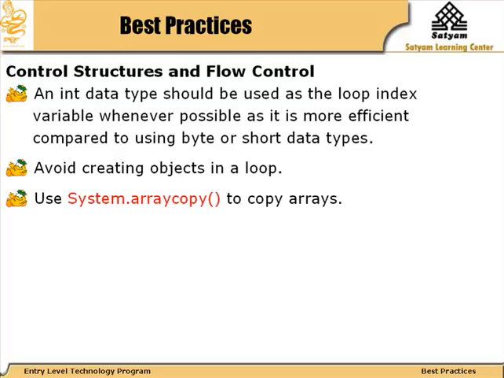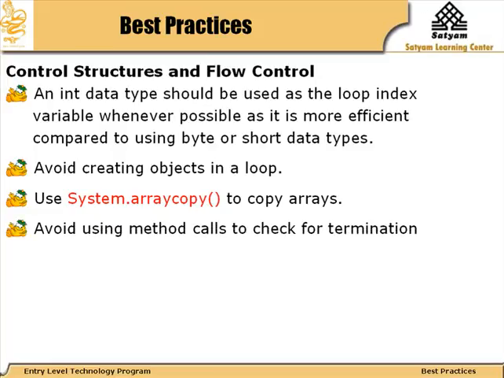Use System.arraycopy to copy arrays. The method makes a binary copy of the array and therefore is much faster. Avoid using method calls to check for termination condition in a loop.